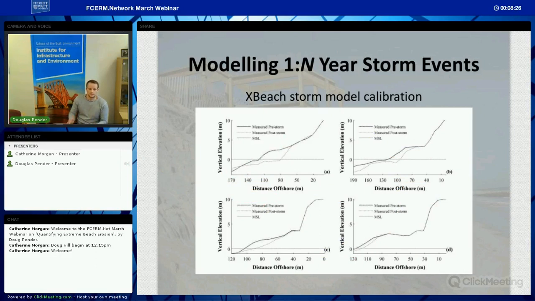All these events are slightly different. Some have high peak wave heights, some have long durations, short durations, trying to get a decent spread here. And we set up the model to give the best representation of the erosion induced by these events. You can see that there in the dotted profile. Unfortunately, this was meant to be another animation, so you just have to believe me that the results are actually pretty good, and that the model can be set up pretty well for modeling storm-induced erosion at Narrabeen Beach.